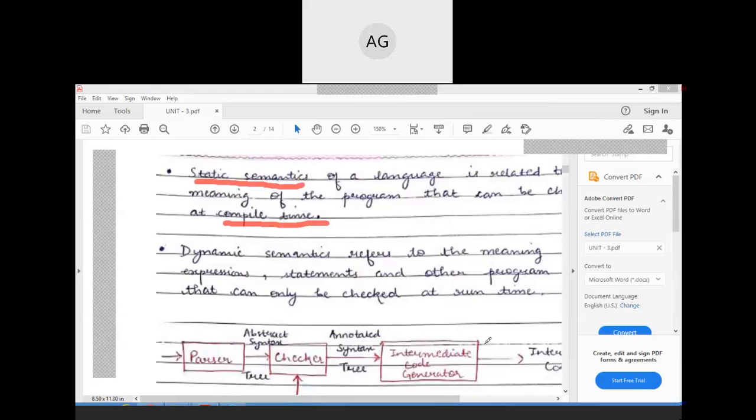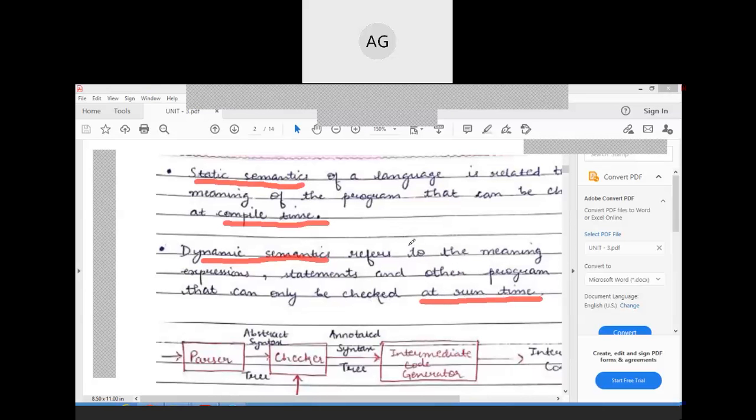As we already saw, whatever is done at compile time is known as static. And dynamic semantics refers to the meaning of expressions, statements and other program parts that can only be checked at runtime.